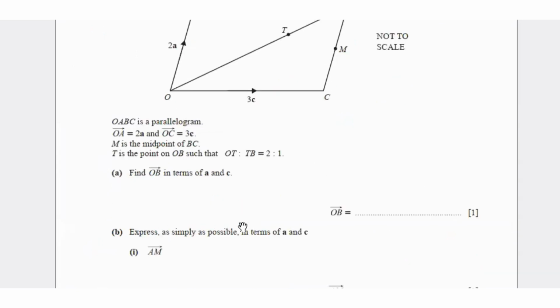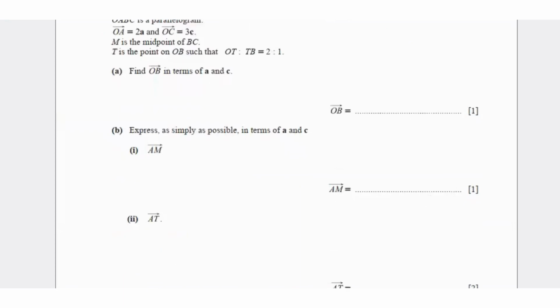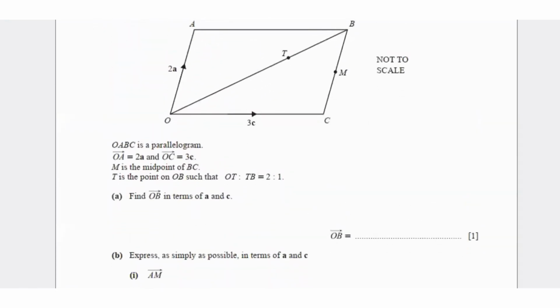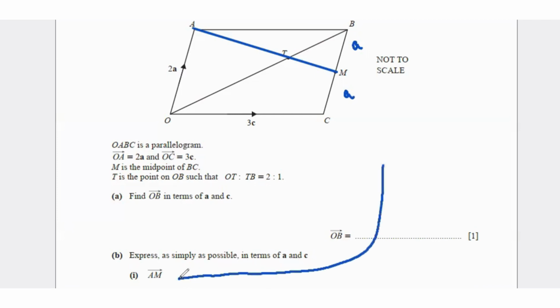Then it says express as simply as possible in terms of A and C, AM. So to find AM, let's draw a line first. This is your AM. And we know that this is A, this is A. So AM can easily be, I'm just going to draw an arrow over here to show the working.